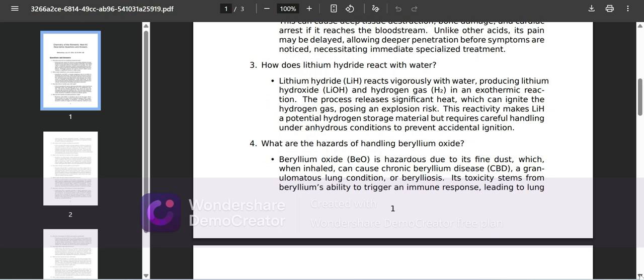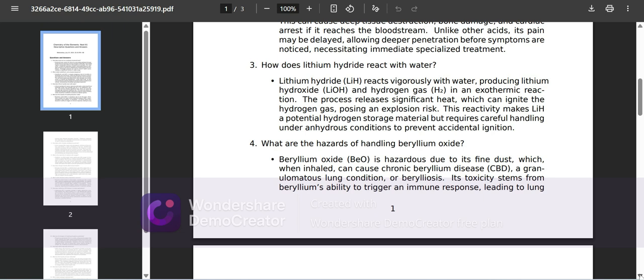How does lithium hydride react with water? Lithium hydride reacts vigorously with water, producing lithium hydroxide and hydrogen gas in an exothermic reaction. The process releases significant heat, which can ignite the hydrogen gas, posing an explosion risk.